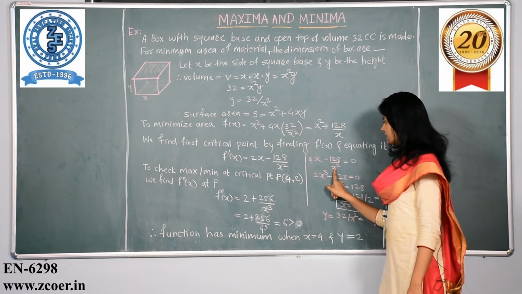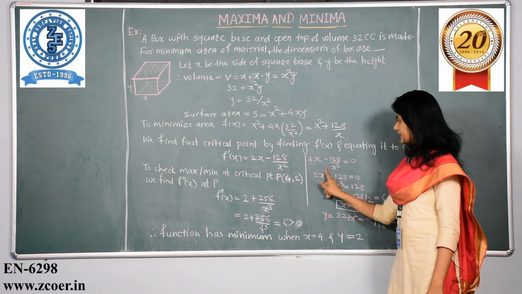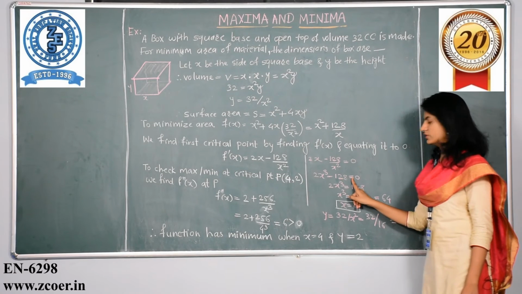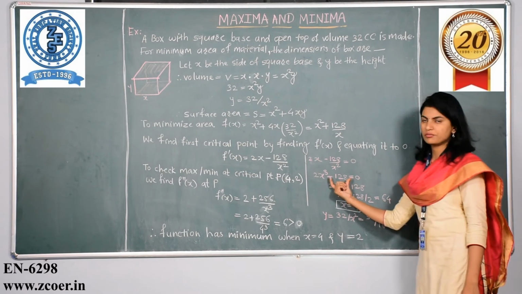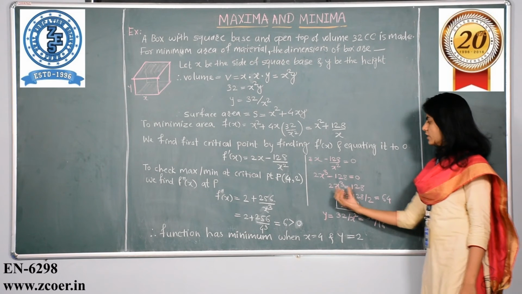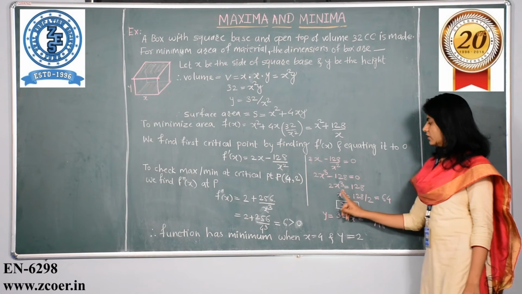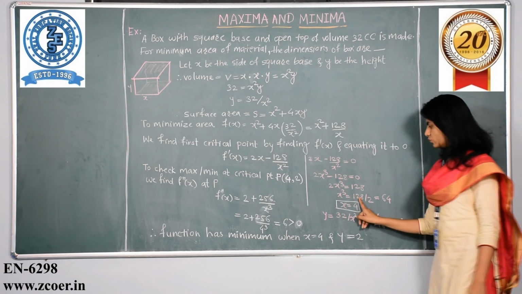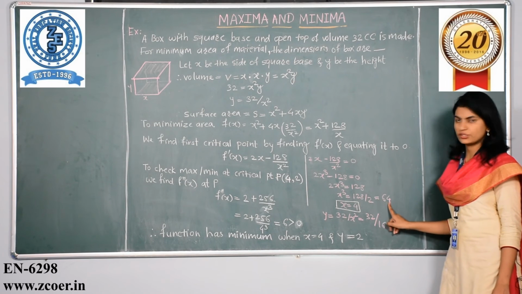Here we will take the x square term as a common term. So this becomes 2x cube minus 128, which is equal to 0. Now this minus 128 we will shift to the right hand side. So this becomes 2x cube which is equal to 128. Now x cube is equal to 128 divided by 2, that is 64.